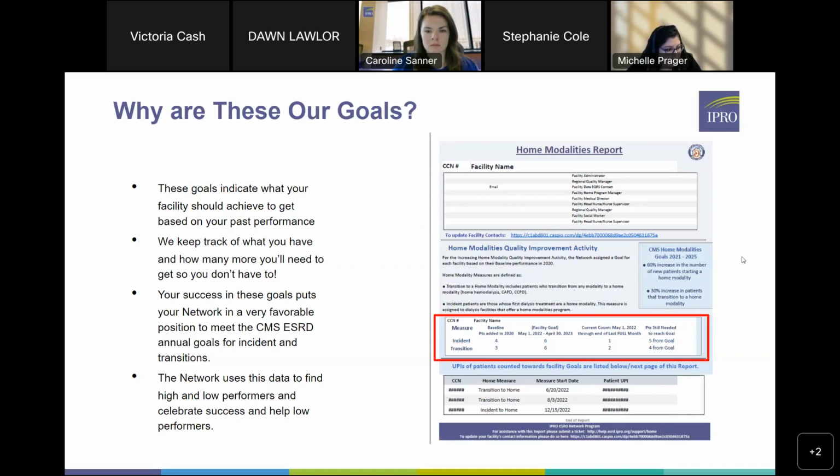The facility goal is to get 6 starting directly on home and 6 transitioning to home. Then the next section shows what they have done so far. The year starts May 1st, 2020. From May 1st to now, they've had 1 incident patient starting directly on home, so 5 left for their goal, and 2 transitions so far with 4 left for their goal.